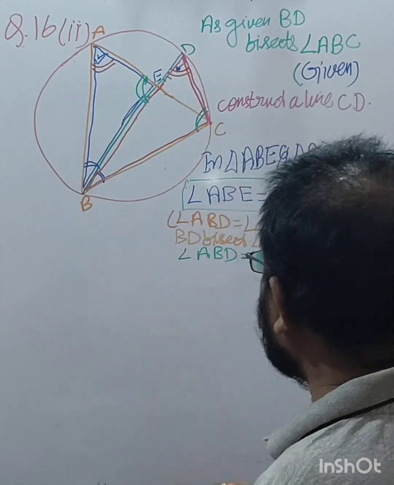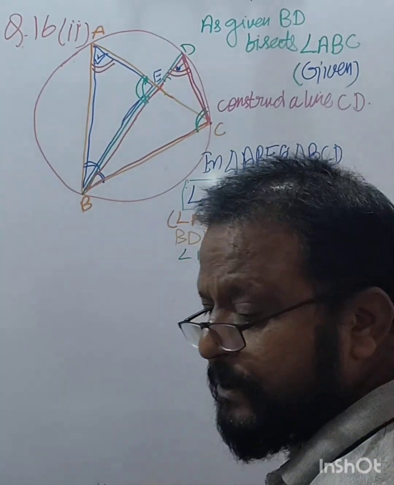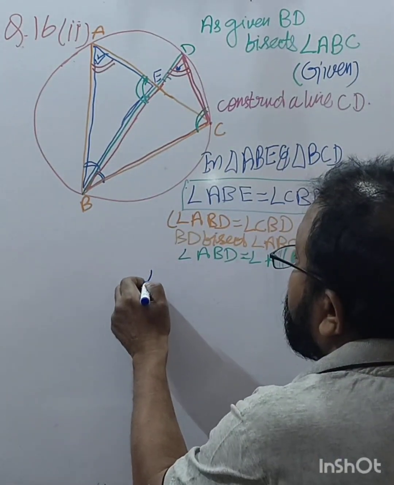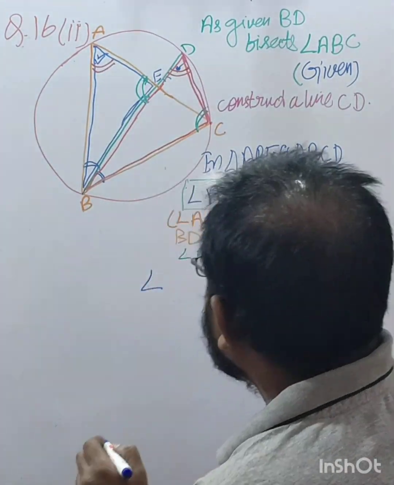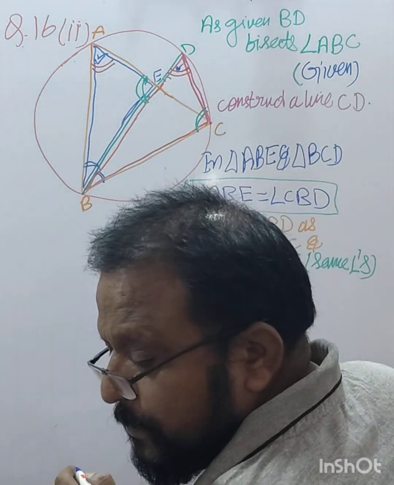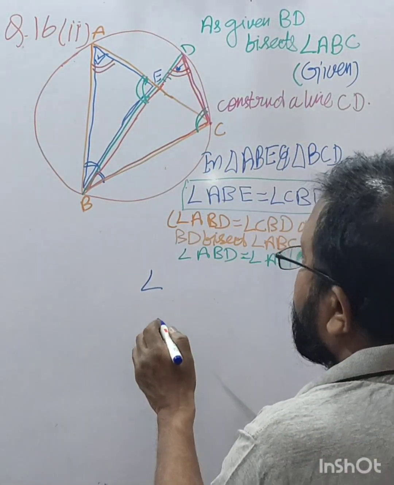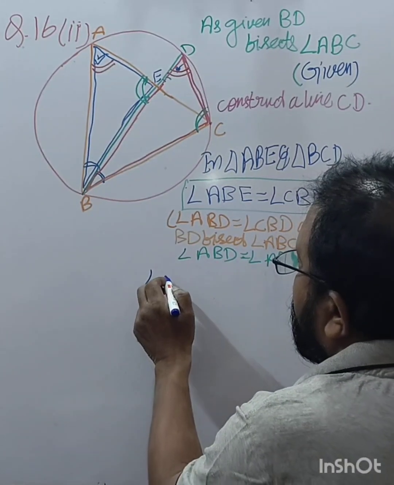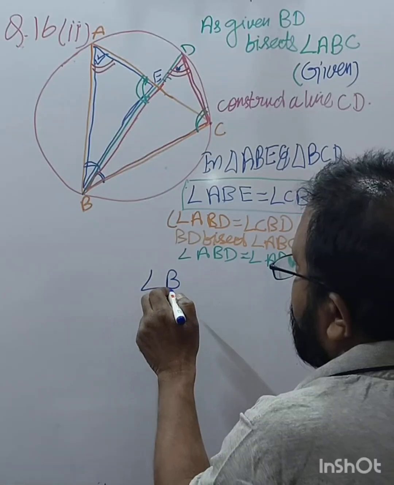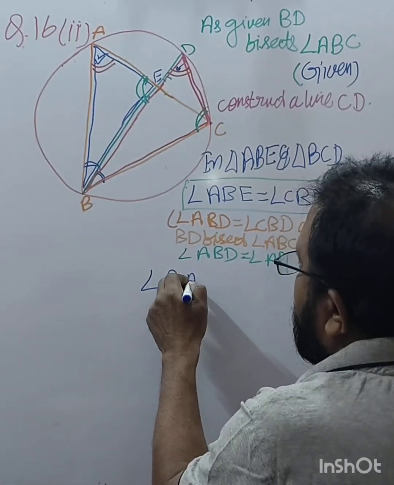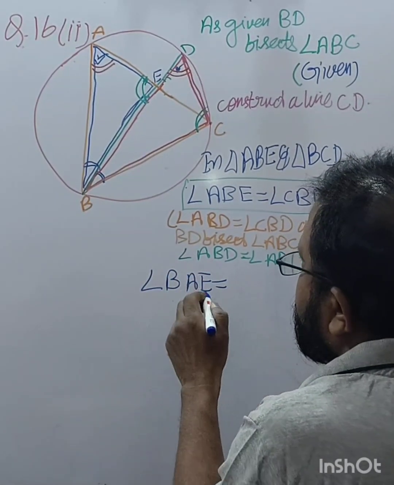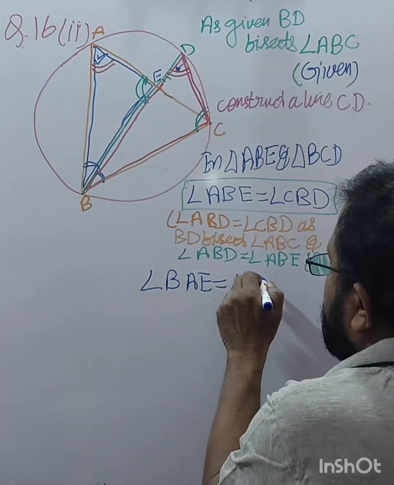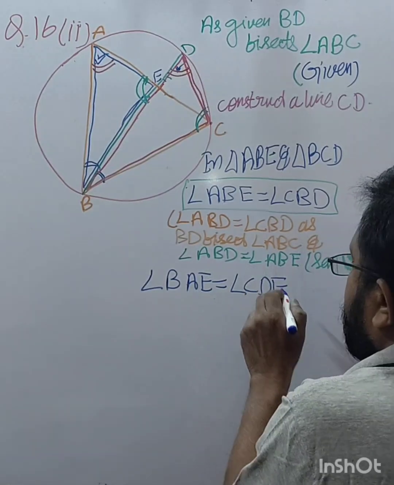Why are these two equal? Angle BAE is equal to angle CDE, right?